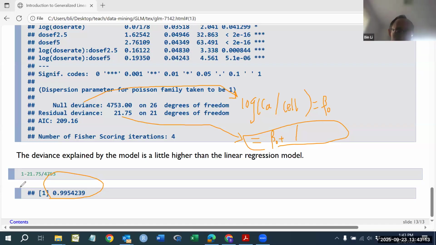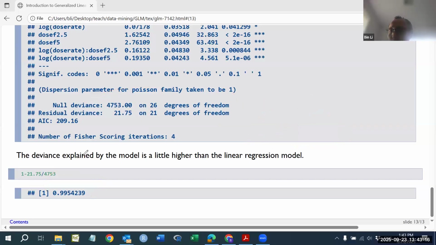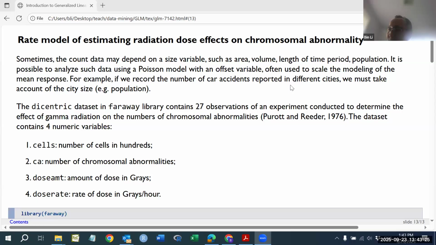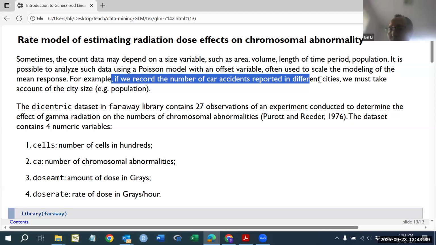Okay, so this is an example for the rate model. Rate models are used a lot in practice. So sometimes when we have a size variable, we use the rate. Like here, there's another example. If we recorded the number of car accidents in different cities, it's better to model not the number of car accidents, but the number of car accidents divided by the population size.